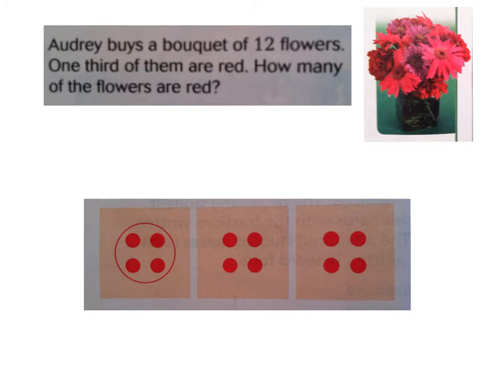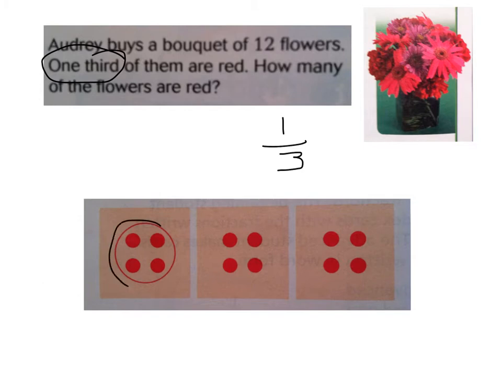There are 12 counters on my math board. Since I want to find 1/3 of the group, there should be 3 equal groups. Remember, we want to find 1/3, or 1 out of the 3 equal groups.